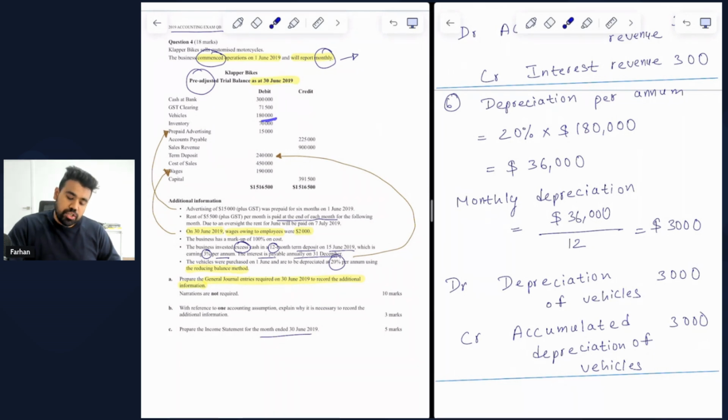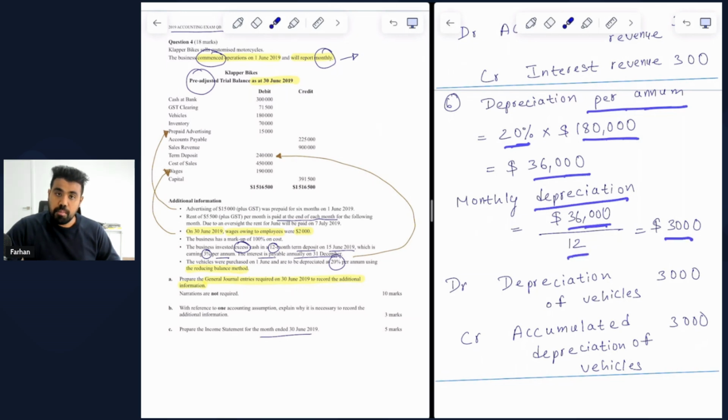So to find the depreciation on an annual basis, we take the rate of 20%, we multiply it on the cost of 180,000, and then on an annual basis, the depreciation of vehicles is $36,000. But we understand that we report on a monthly basis. Therefore, we have to convert this annualized depreciation into a monthly depreciation by simply dividing $36,000 by 12 months, which is $3,000 per month.